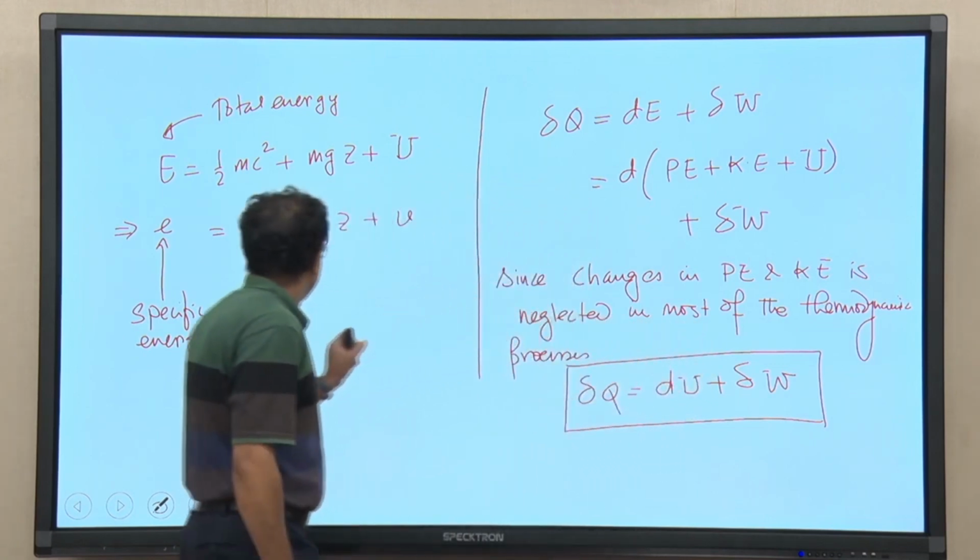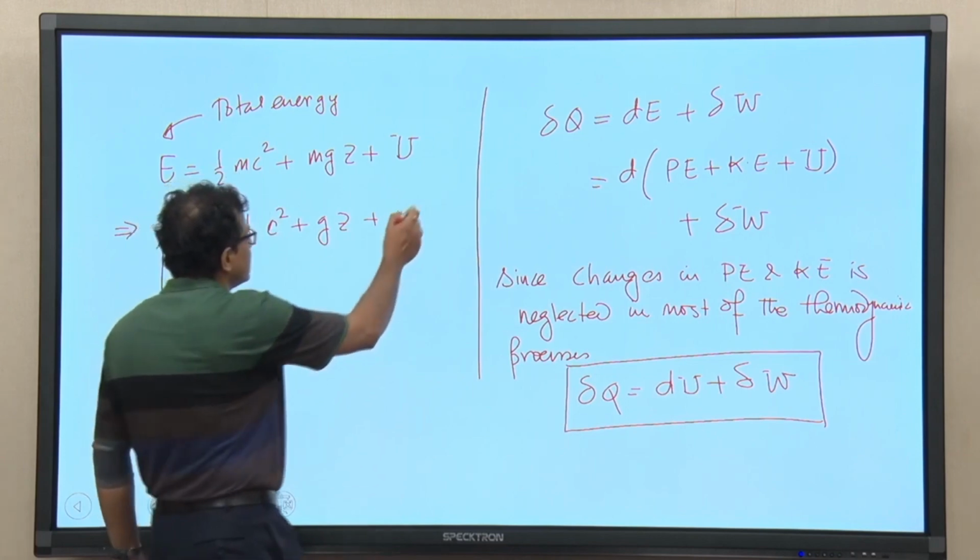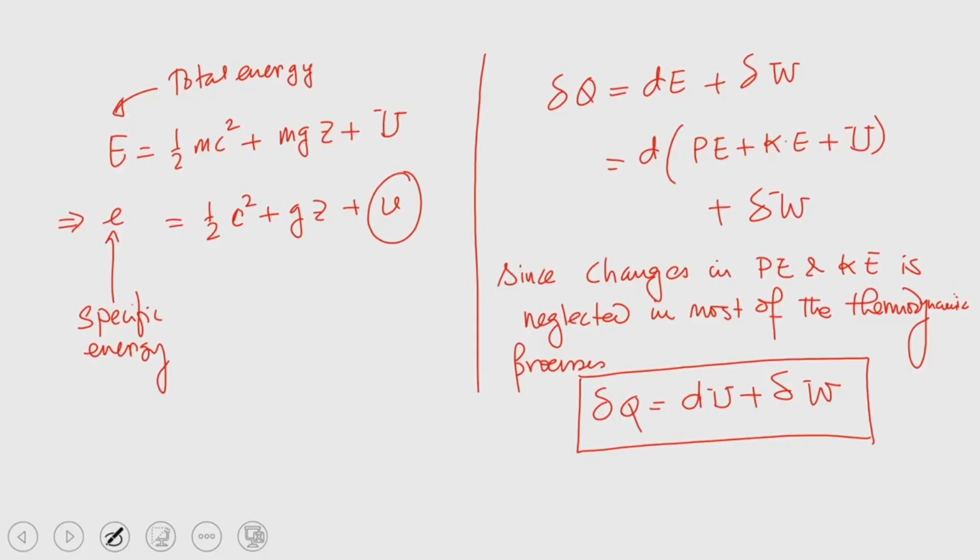Now, I told you one important thing, that this fellow is essentially due to the molecular rearrangement. I can give you an example. If you take a certain amount of liquid in a container, say water with a few iron particles.